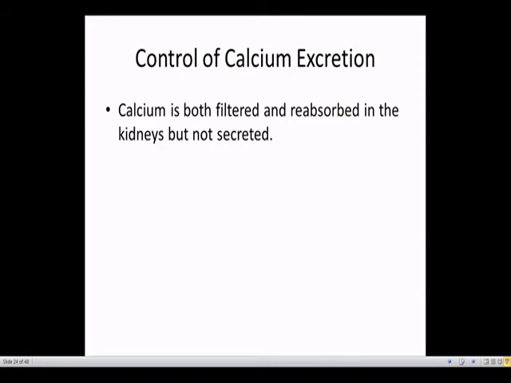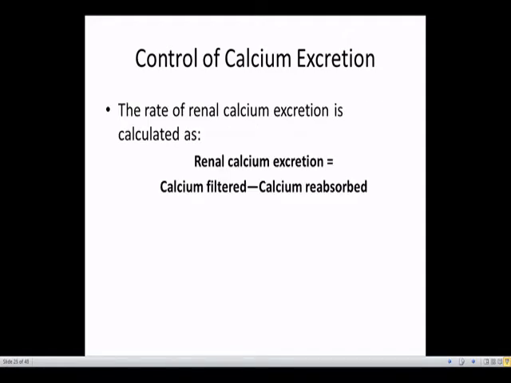Calcium is both filtered and reabsorbed in the kidneys, but remember, it is not secreted by the tubules. The rate of renal calcium excretion is calculated as renal calcium excretion equals calcium filtered minus calcium reabsorbed.